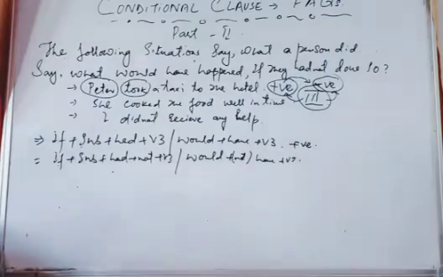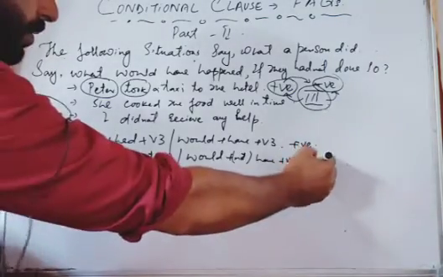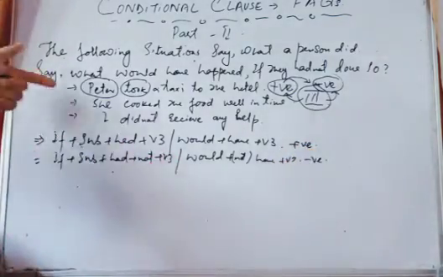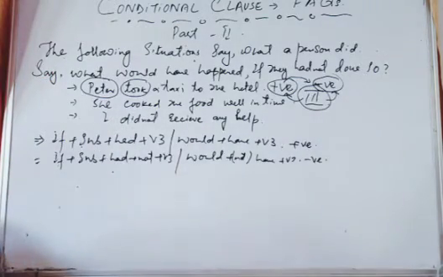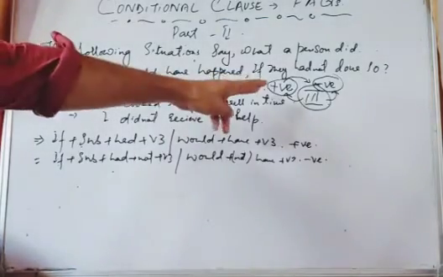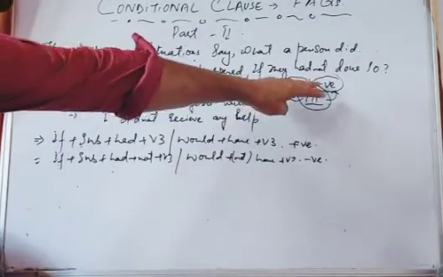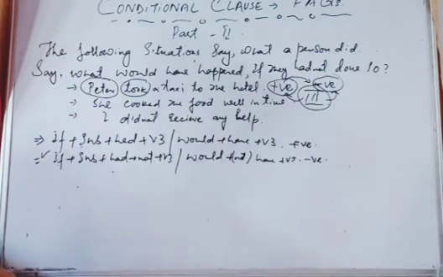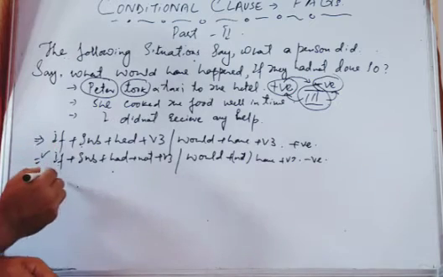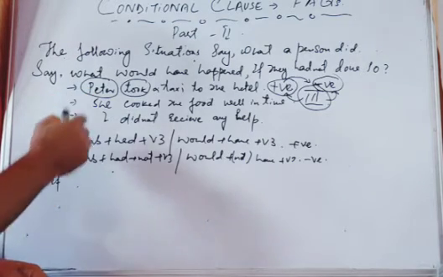Okay, so now we have the situation given above, we have the solution written down at the bottom. So we can use type third, negative. We have to apply this formula here. We will write if plus Peter.